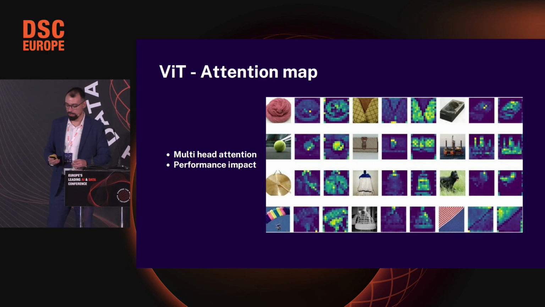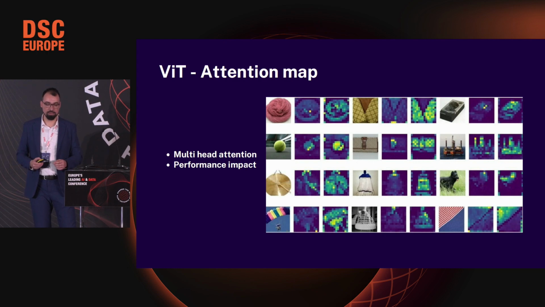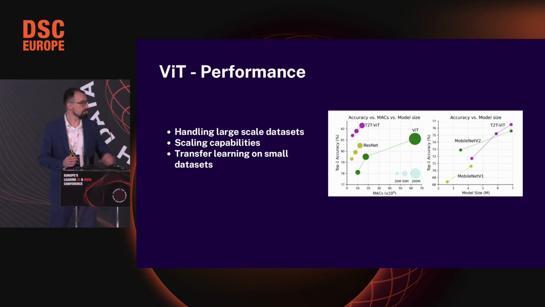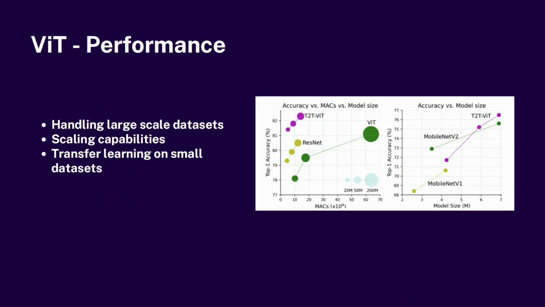Okay, let's talk about performance a bit. Let's take a look at the right-hand side chart. We have MobileNet v2, and you can see on the y-axis we have accuracy, and on the x-axis we have model size. What we can see here is that MobileNet is fairly accurate, around 73%, at a model size of 3.5 million parameters.